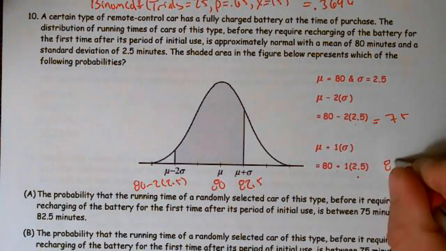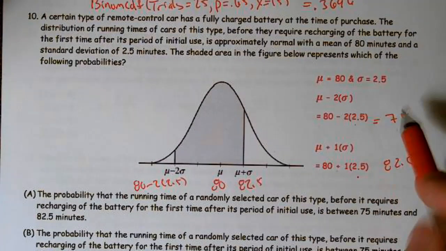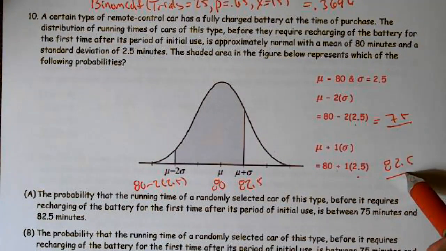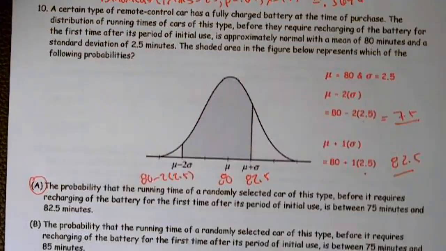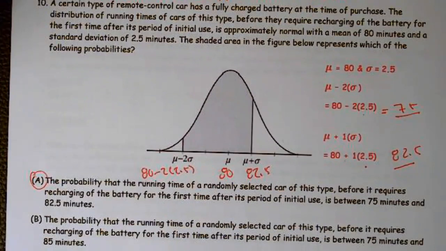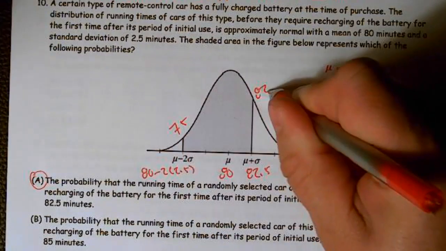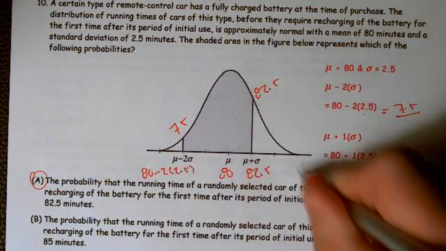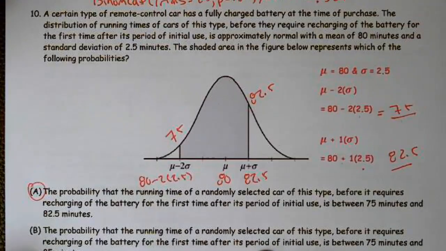And this is 82.5. So in this case, it's telling me that it's going to run between 75 and 82.5. Well, that's A, because its initial use is between 75 and 82.5. This is the 75. This is the 82.5. And by the way, you need to draw the incomplete normal curve and label it out as I have on this one. Okay, so that's number 10.